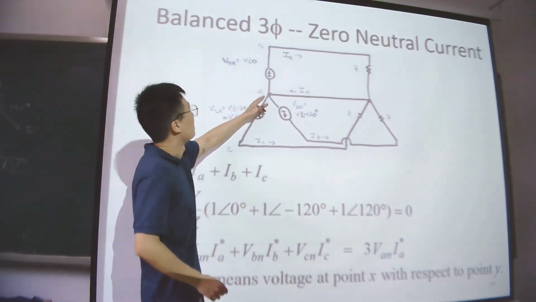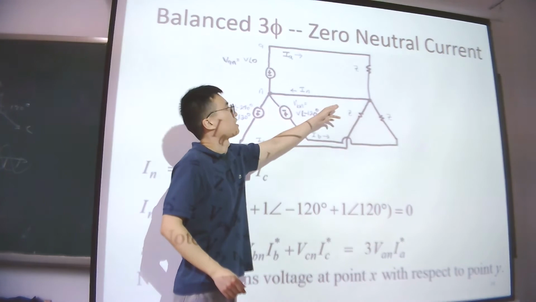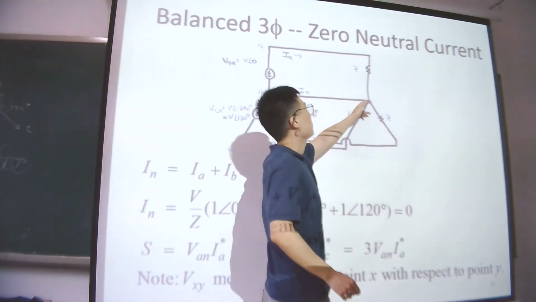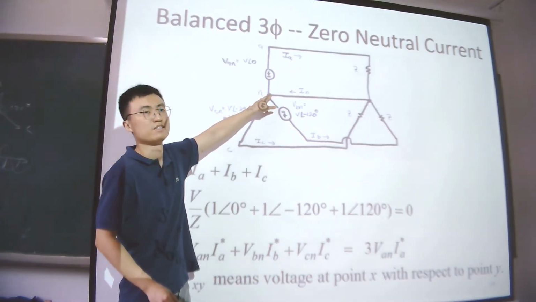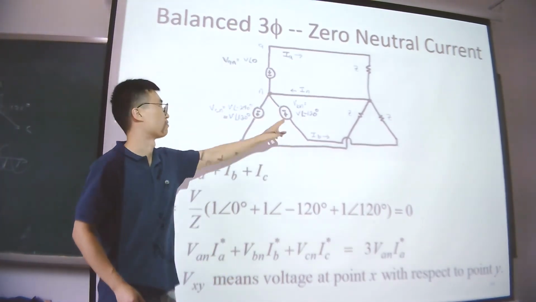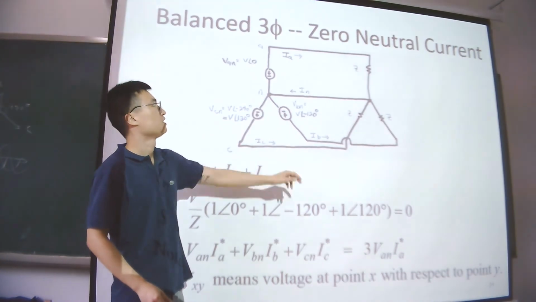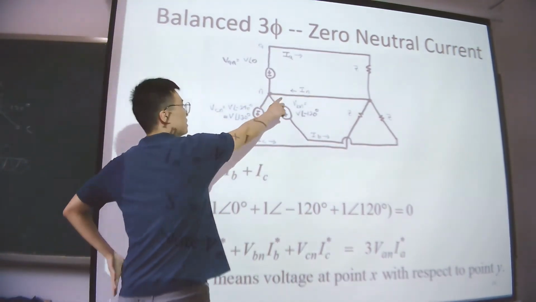So this is the zero neutral current. The neutral point of these three phases equals the neutral point N, and this current is zero.